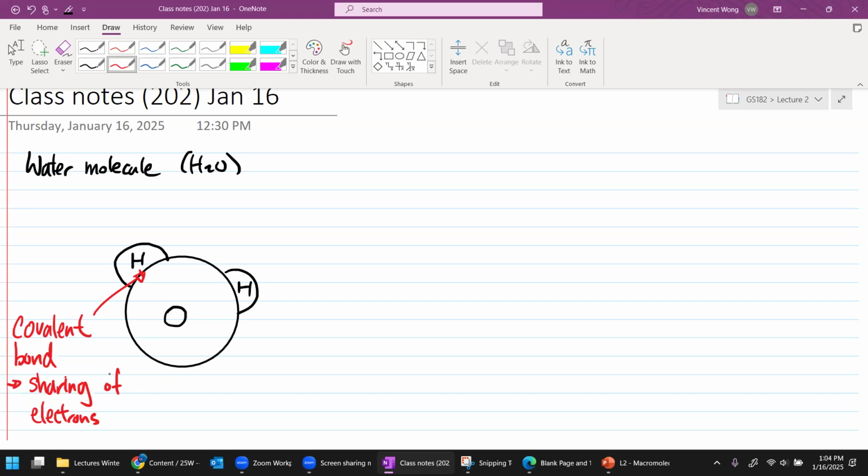And that's kind of the situation with oxygen and hydrogen. Even though they are sharing the electron, it's not half-half. The oxygen is like my older kid. She hogs the toy, right? So the oxygen will pull the electron towards itself and use it more often than the hydrogen.